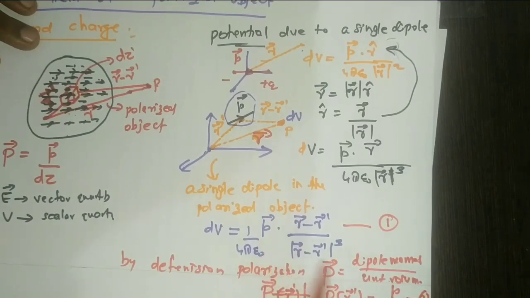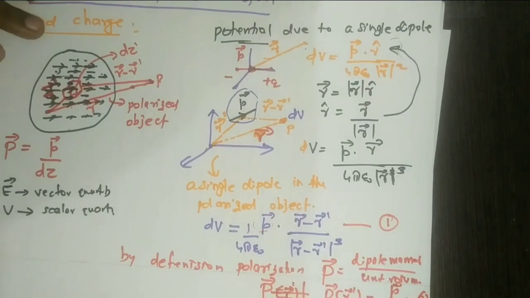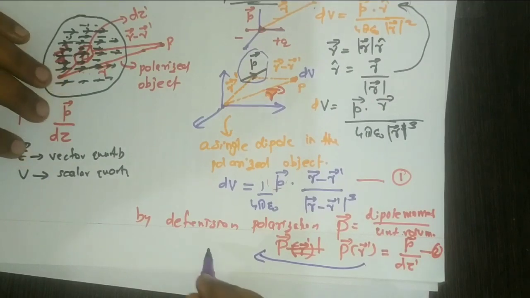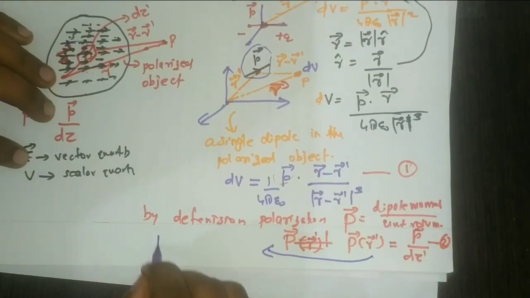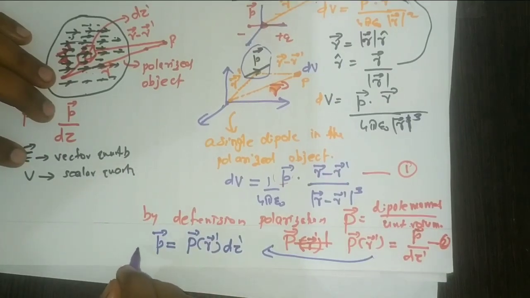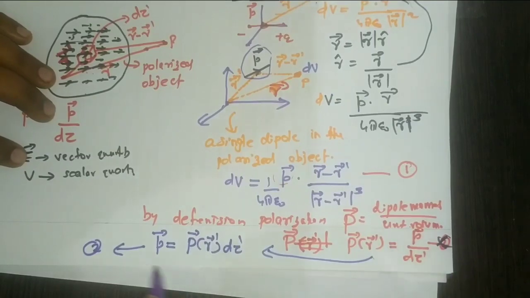Next, I will replace this p by this quantity. That is, here I will do this small rearrangement. This small p can be written as P of r prime d tau prime. If I call this equation number 2, I delete this equation 2.